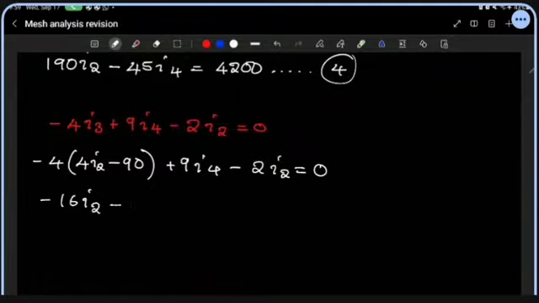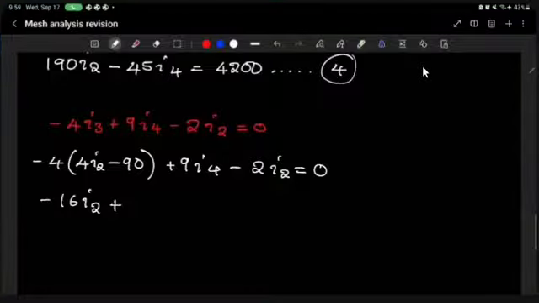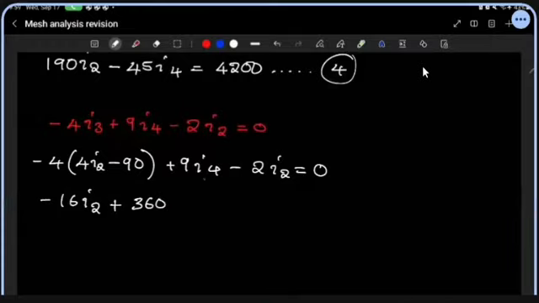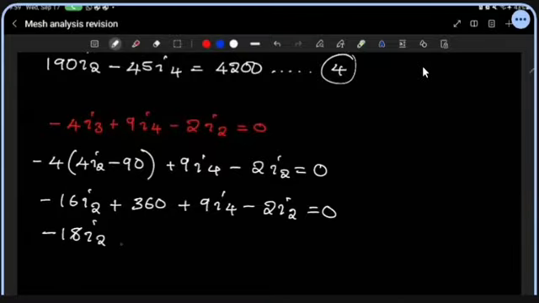Then minus and minus will be plus. What is 4 by 90? 360. Then you have plus 9I4 minus 2I2. Like terms, I2 there gives us minus 18. Then plus 360 plus 9I4.